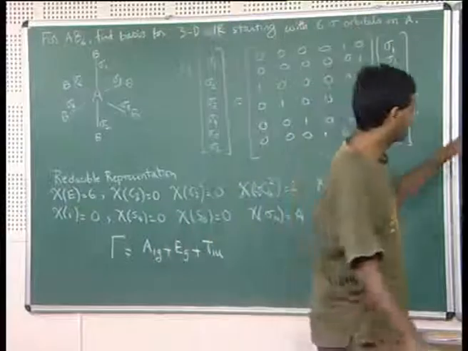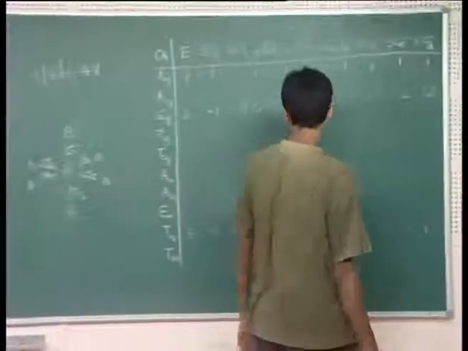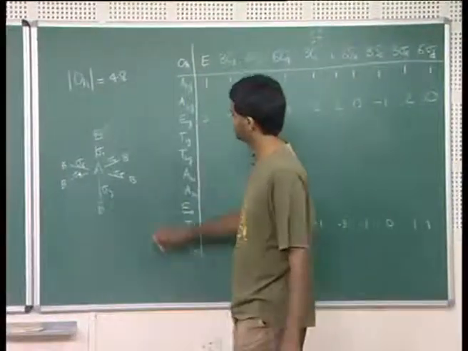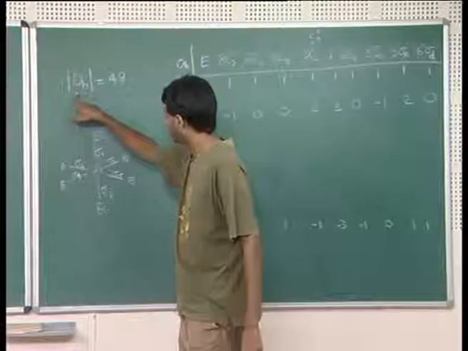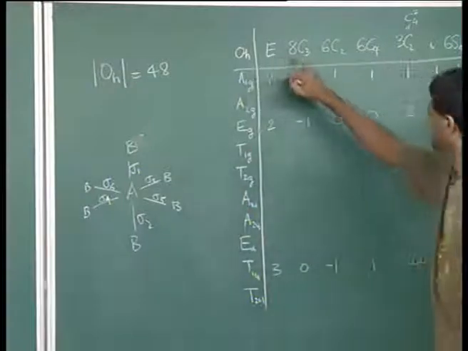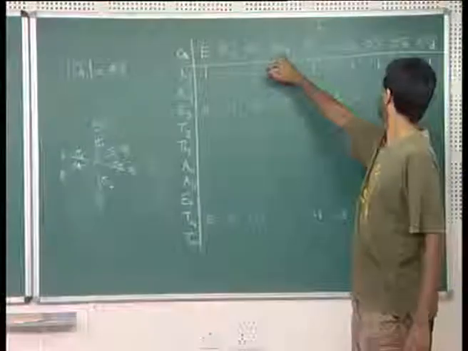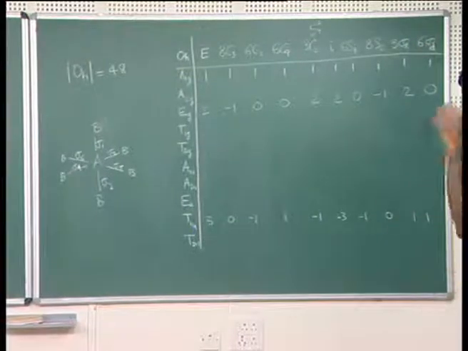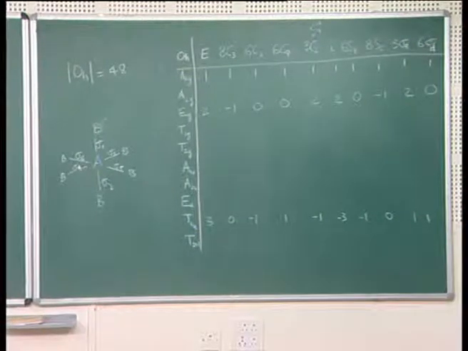Now, this molecule belongs to the octahedral point group Oh. The order of this group is 48: there is 1 plus 8, 9, 15, 21, 24, and then there is another 24. It has 10 classes.